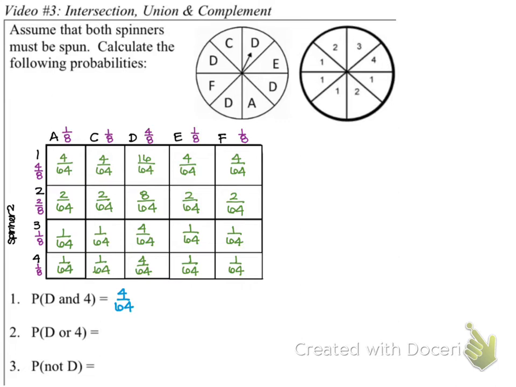Okay, the next one here, we want the probability of D or 4. So either of those would be a success for us. So the probability of D, everything in that column represents a probability of spinning D. So in that column, we can add up the 16 over 64, and the 8 over 64, and the 4 over 64, and the other 4 over 64.